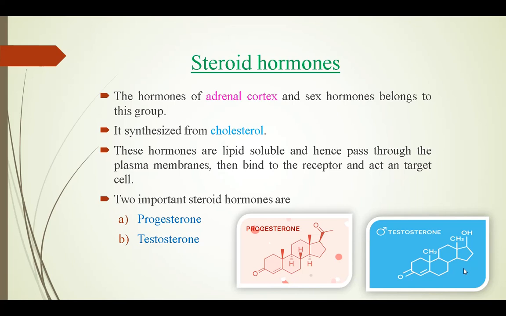Examples of steroid hormones include progesterone and testosterone. These two hormones are released by the female and male reproductive organs. Steroid hormones are insoluble in water, so they are carried by transport proteins in the bloodstream, where they carry out the regulation of a wide range of physiological functions.